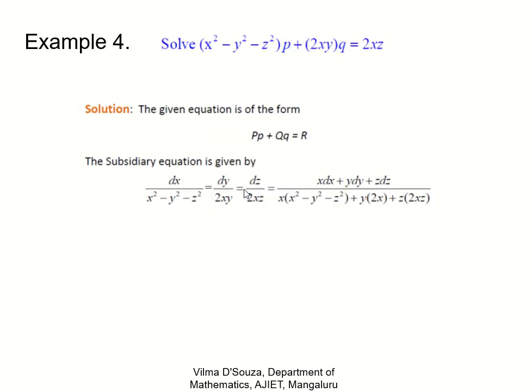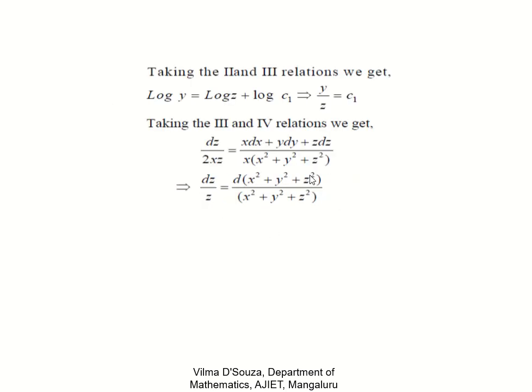I consider the third and fourth equation. See what you get? dz/2xz = (x dx + y dy + z dz) divided by x(x² + y² + z²).